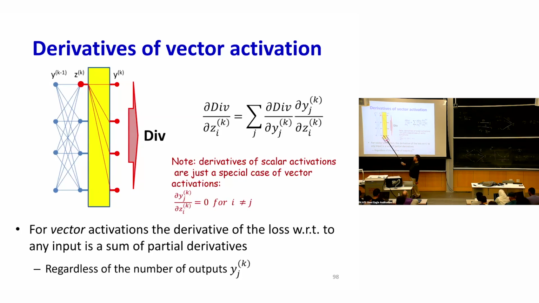And all of these y's eventually influence the divergence. And so if I want to compute the derivative of the divergence with respect to any particular z, I'm going to have to sum over all of these terms. And so the derivative of the divergence with respect to z is going to be the sum over all of these outputs of the derivative of the divergence with respect to yi times the derivative of yi with respect to z. So it becomes a bit more complicated.